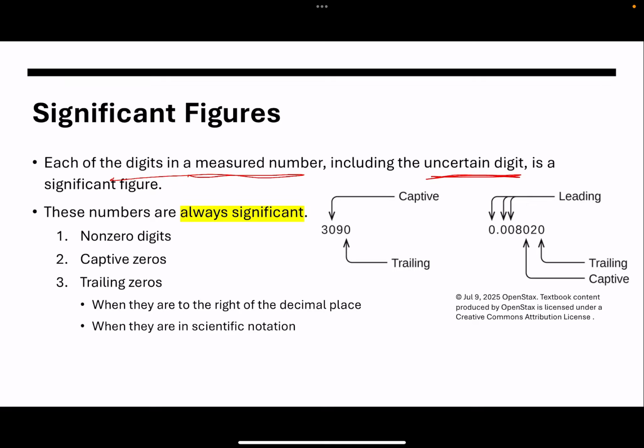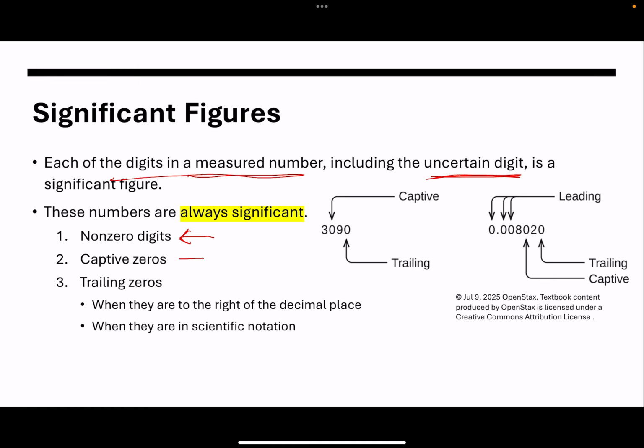So there are certain numbers that are always significant. If the number is not a zero, meaning 1, 2, 3, 4, 5, 6, 7, 8, 9, then it is always significant.